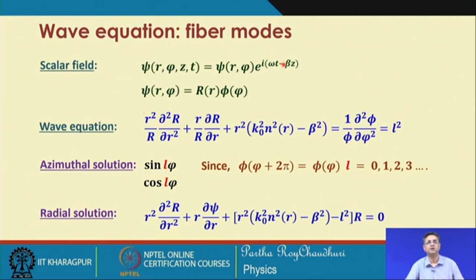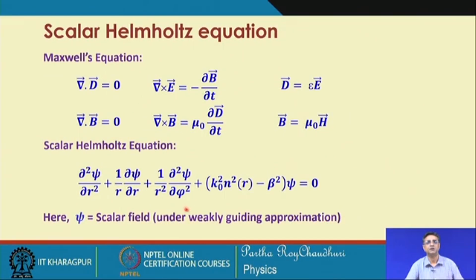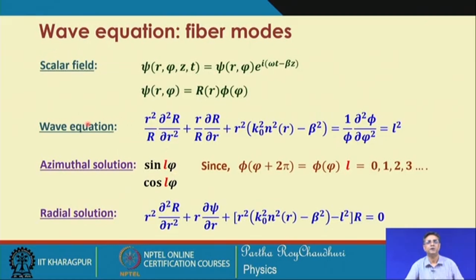We assume the solution, the radial part and the azimuthal part, can be written in this form. If we plug this into the wave equation, we can write the wave equation in this form, and this gives you the azimuthal solution.